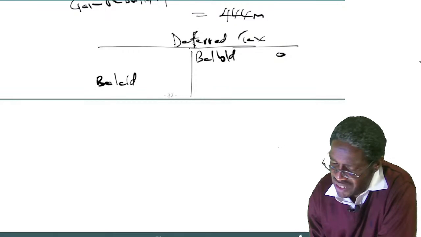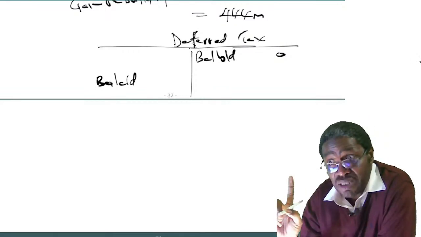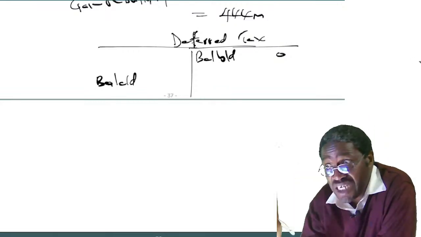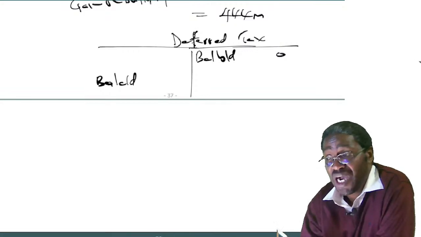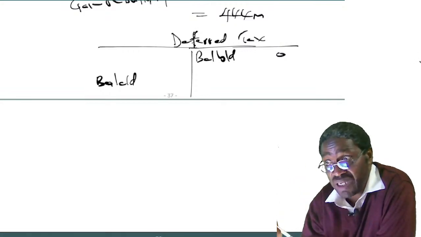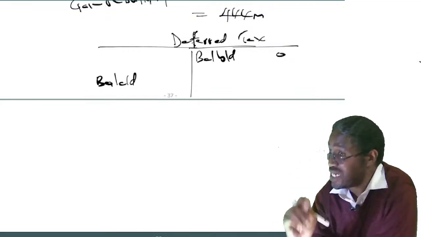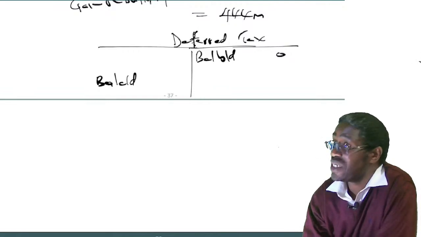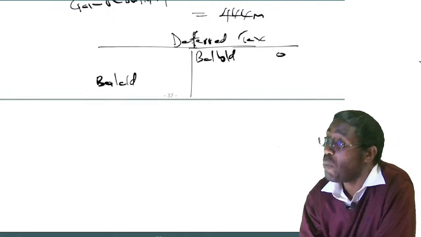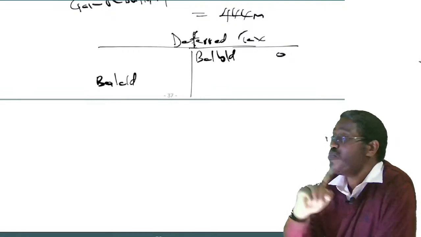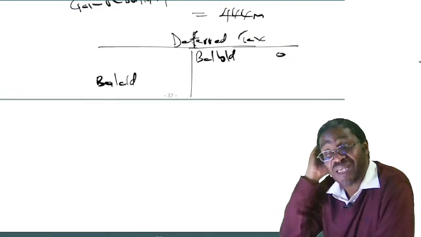Come and say your balance carry down. Remember, it's a liability. A liability is always a credit balance, and you cannot have a brought down on the credit side without a carry down. That's why we normally carry down by the end of the year on the opposite side, so that when you bring it down, it will appear as a liability.